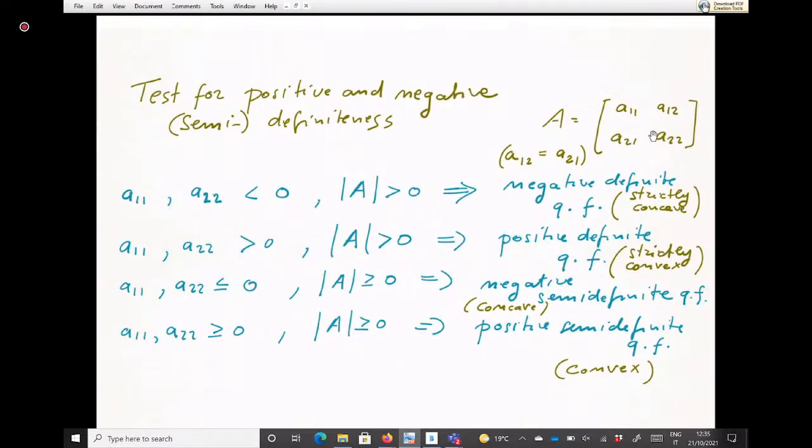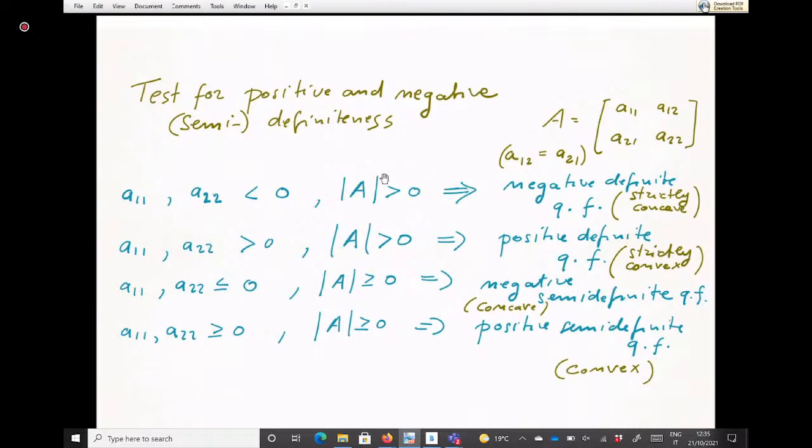Coefficients on the main diagonal are both positive and the determinant is positive, like the previous case. We have a positive definite quadratic form. If we have the same inequalities but weaker, that is with the possibility of zero included, then we have respectively negative semi-definite and positive semi-definite quadratic form.